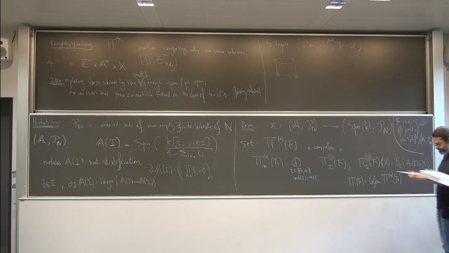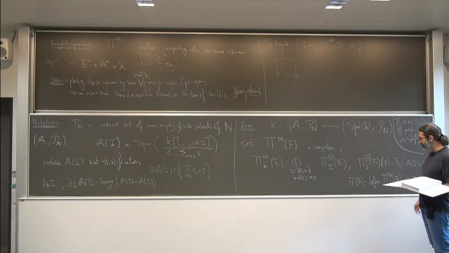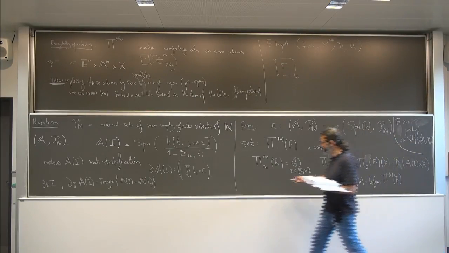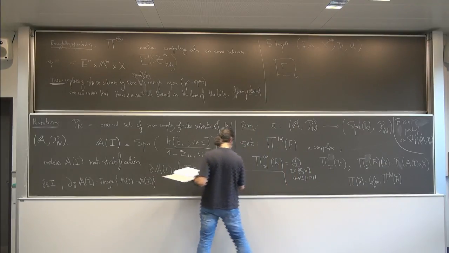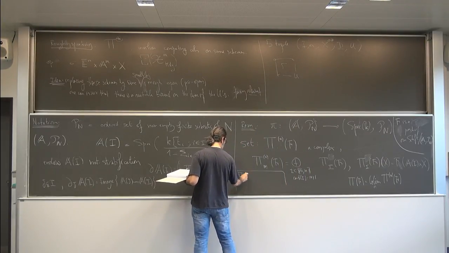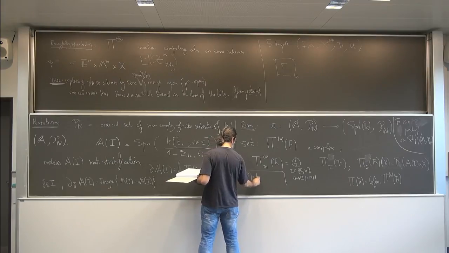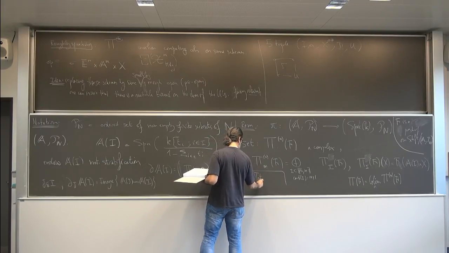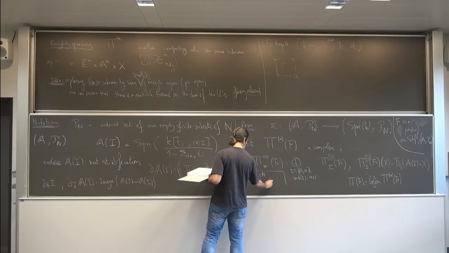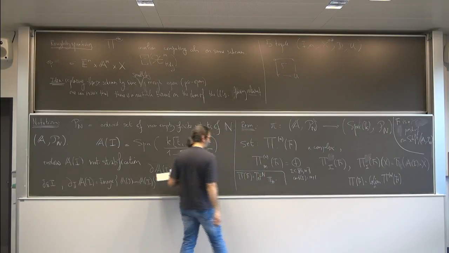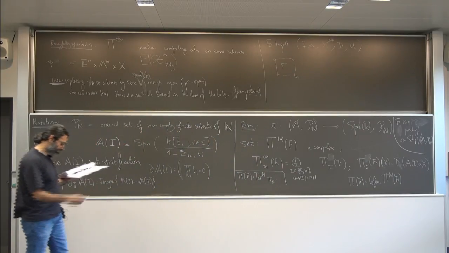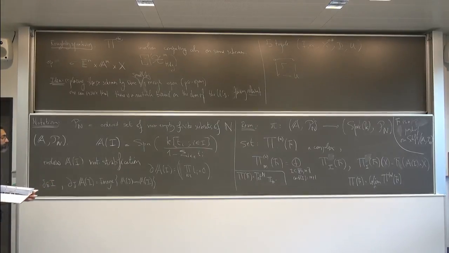So this is just another name. So pi of F is the same thing as pi lower star. We have seen this before, so I want to give another name to this construction.